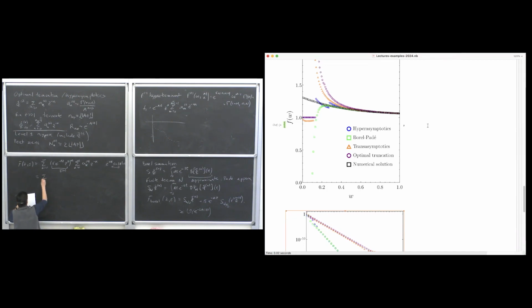So what I want is now the sum over k from 0 to infinity of z to the minus k, and now I'm putting everything else, tau to the n, a_{k,n}, and I'm going to call this my functions f_k of tau.